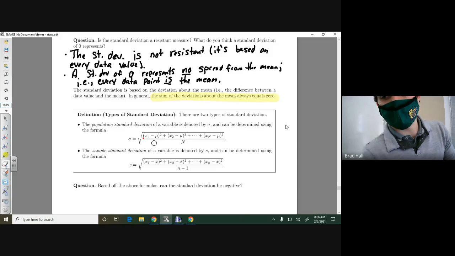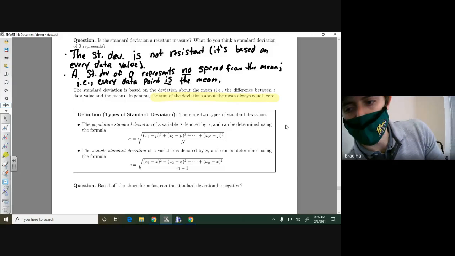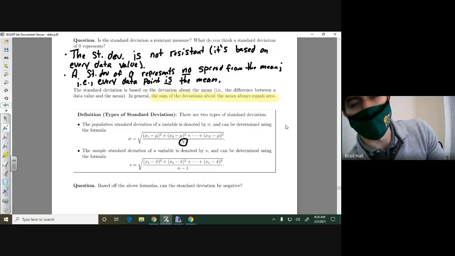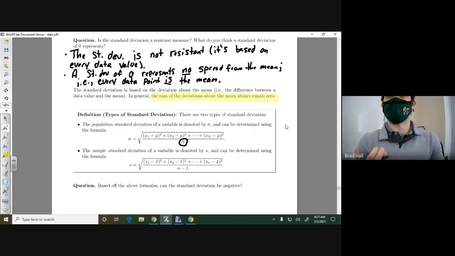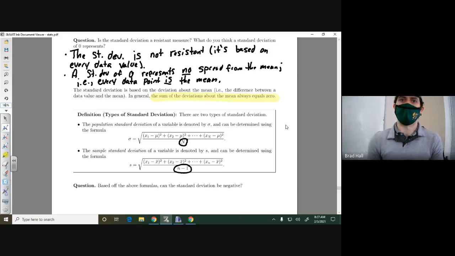The only difference between this one and the sample standard deviation is that instead of dividing by the number of data values, you divide by the number of data values minus 1. That's the only difference other than symbolism. In essence, it's still deviations about the mean.